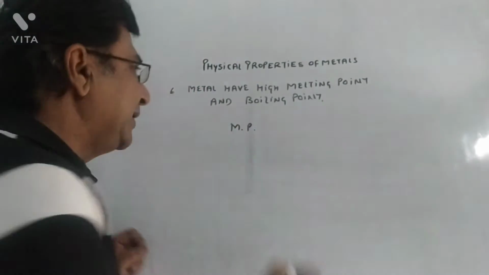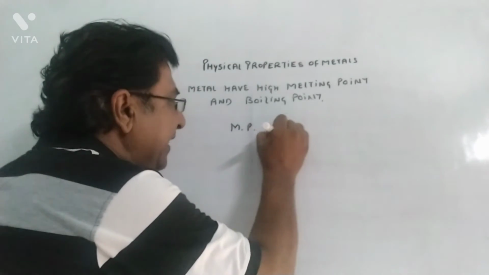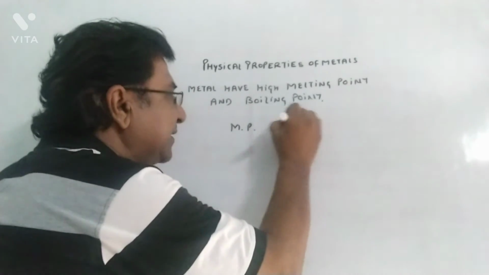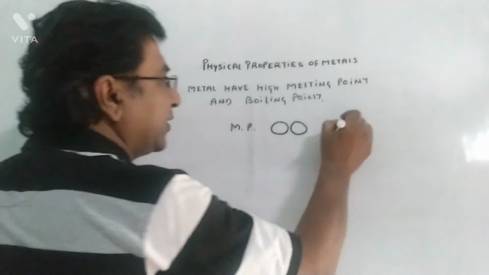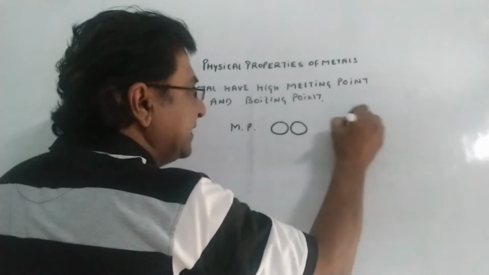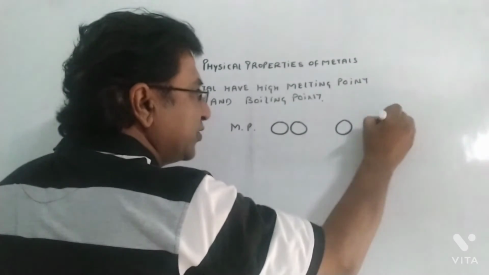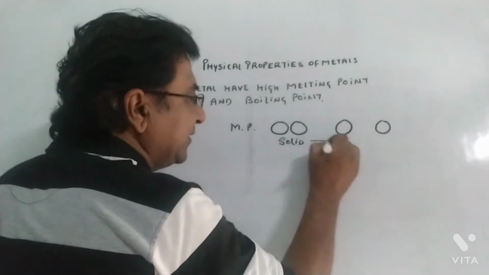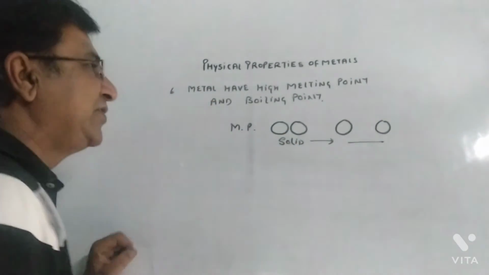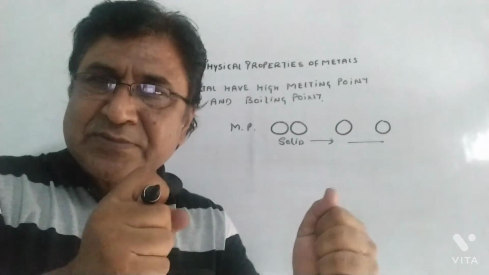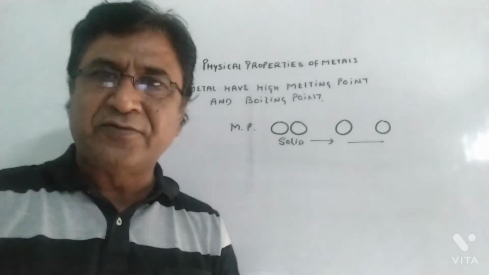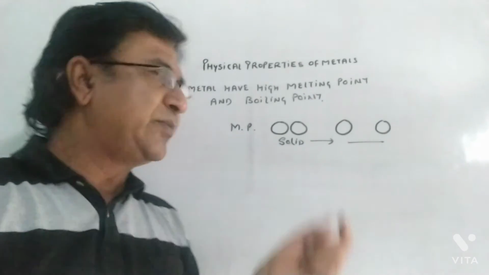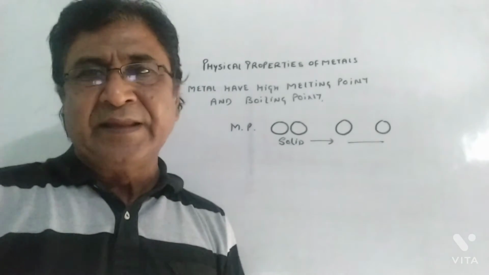Melting point, simply, you see, if we have these atoms very close to each other, we call them solid. If it is solid, we want to bring them into liquid form. They should be apart from each other. Liquid means the atoms are a little away from each other, so their physical nature changes from solid to liquid.